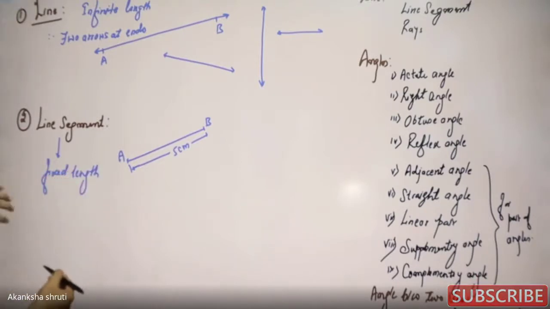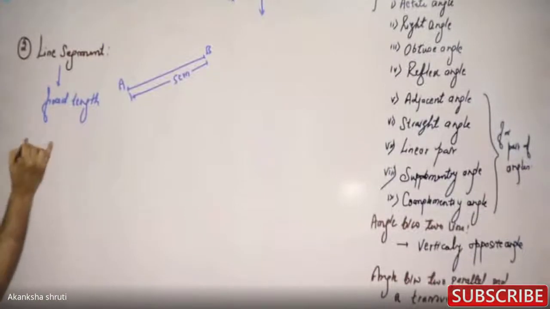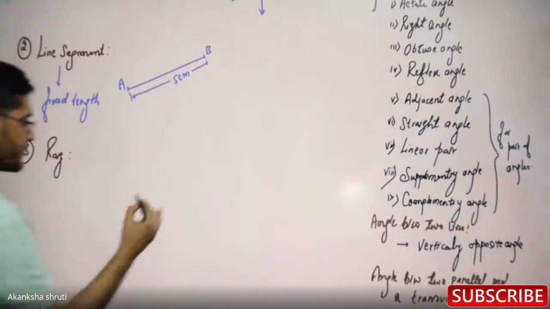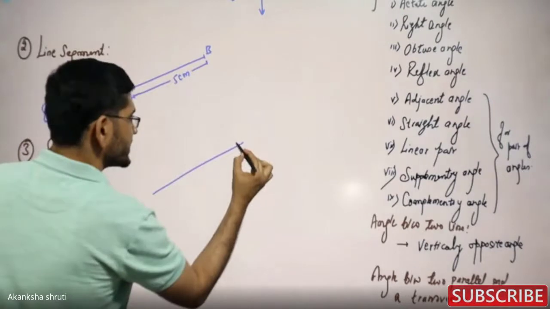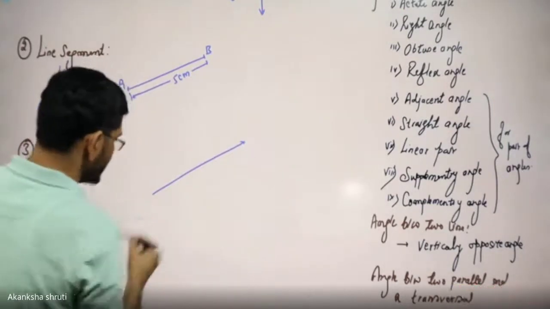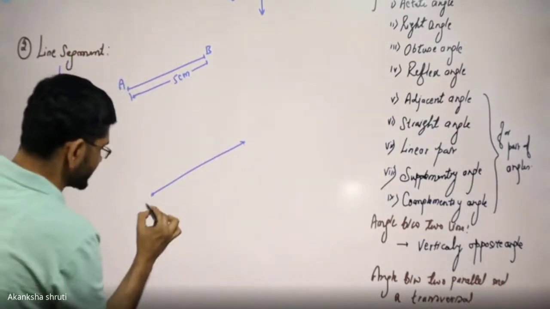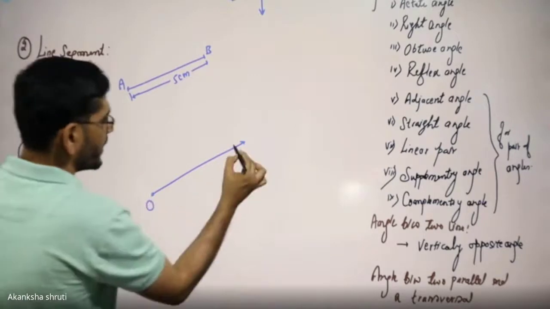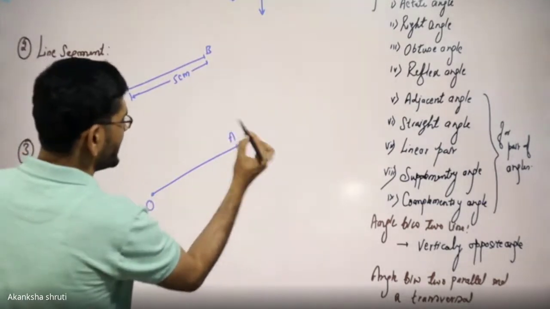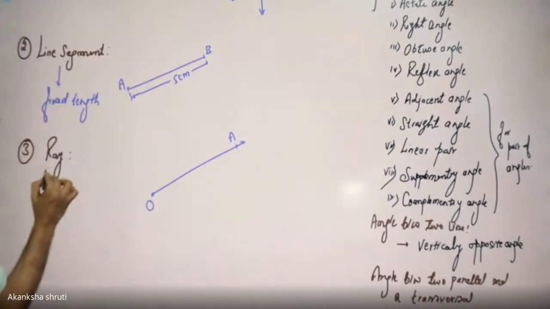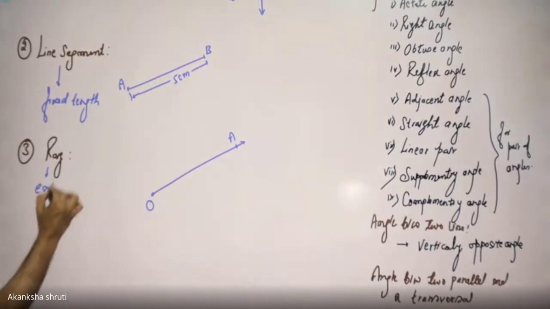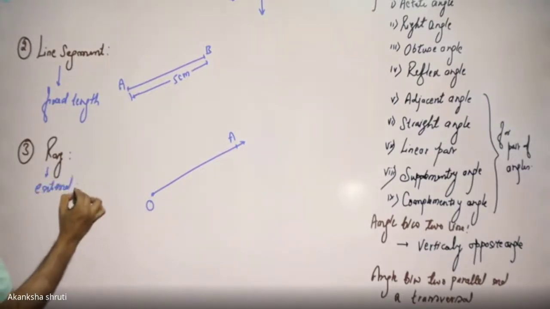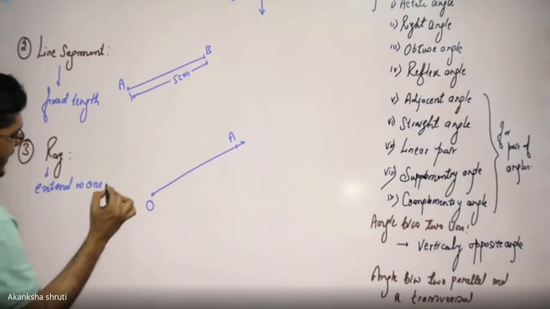The third one is our ray. Ray: if we consider a line, in that if one end is fixed, consider this as O, but the other end can be extended, so it can be extended at one end only.